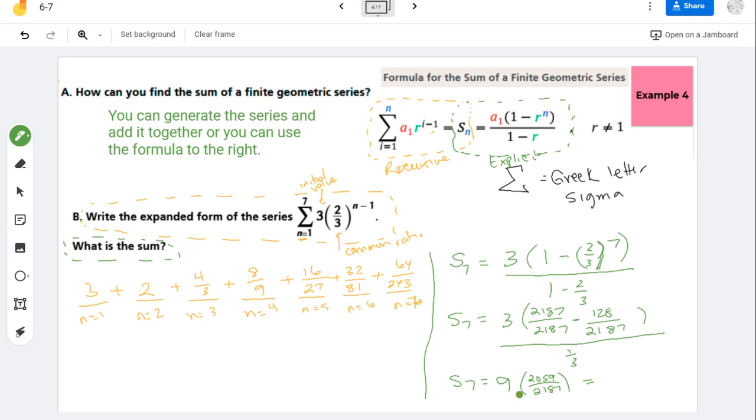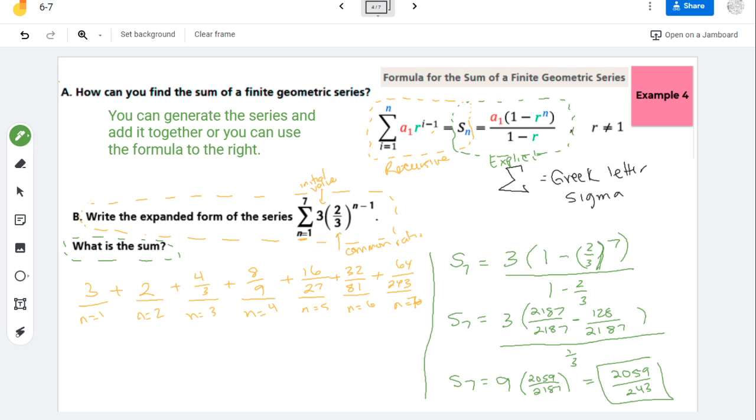Ooh, and I don't know if I'm going to be able to squeeze this down there, so I'm just going to write it to the side. Sorry for my junky positioning. But if I do 2187 divided by 9, I get 243. So 2059 divided by 243. So that's my exact solution, which is cool. Savvas gives us that exact solution.